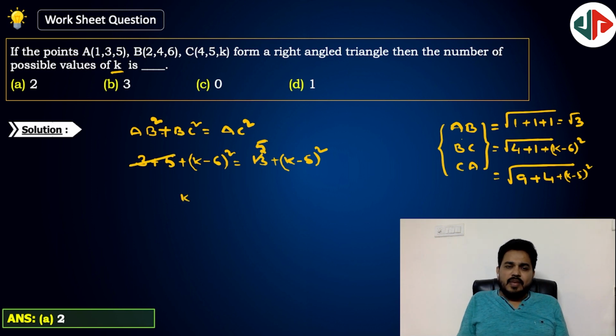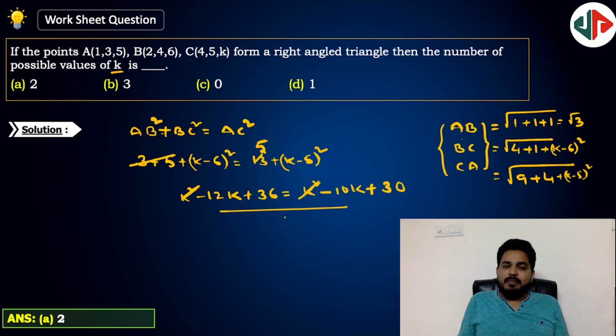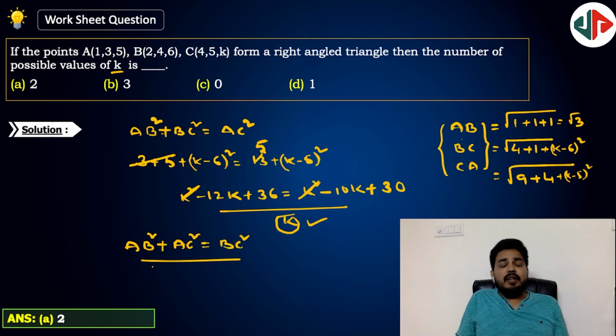So it is k square minus 12k plus 36 is equal to k square minus 10k plus 25 plus 5, so 30. You are getting one k value. Similarly, I can go ahead with AB square plus AC square is equal to BC square, and you get one more value. So the answer will be equal to 2.